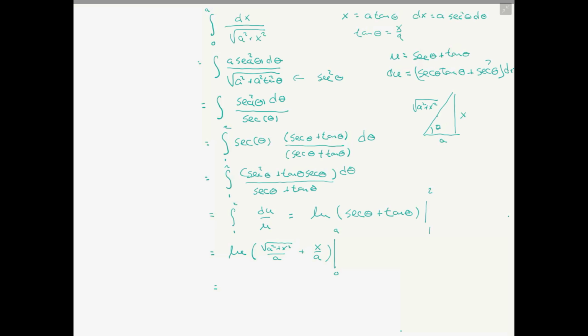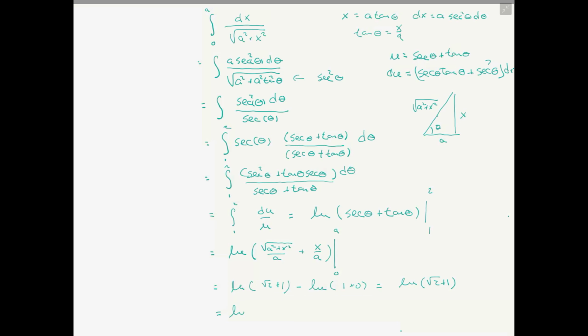Zero and a. So we have the natural log of 2a squared, so square root of 2, plus 1, minus the natural log of 1 plus 0, and so that is equal to the natural log of the square root of 2 plus 1.